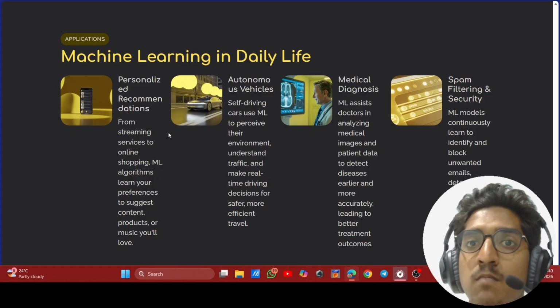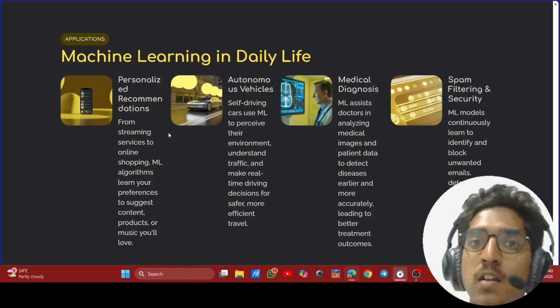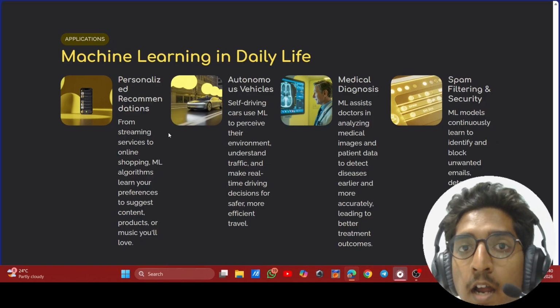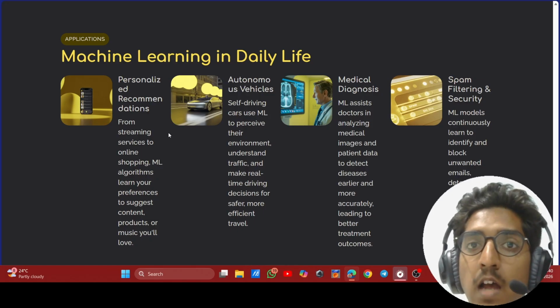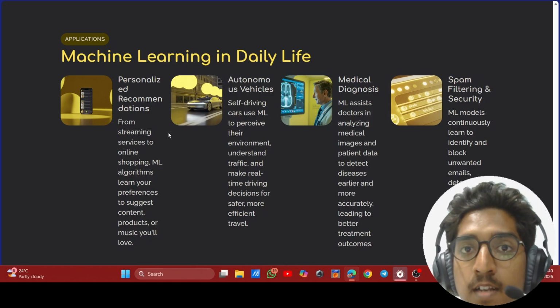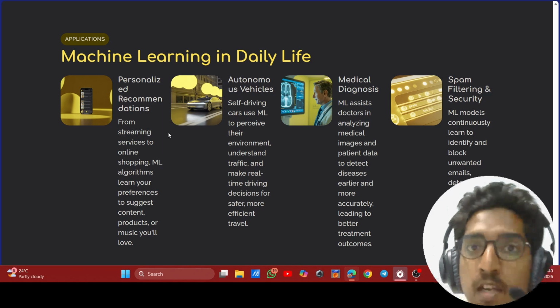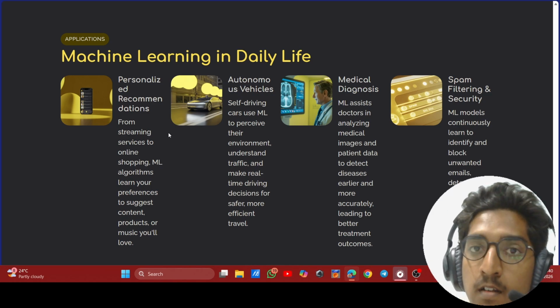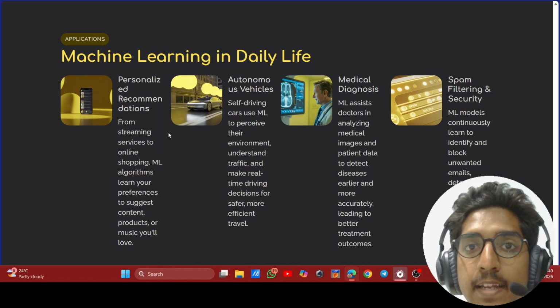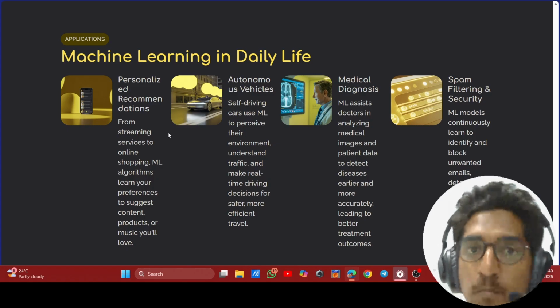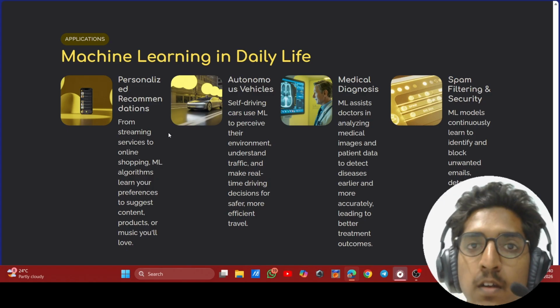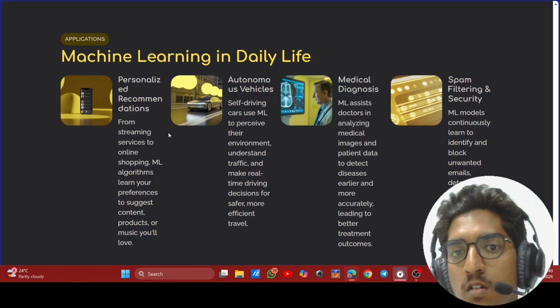Basically, the machine learning model is fitted into the car so that the car can understand the pedestrians and any objects in front of the car. Okay, it knows when to take left and when to take right and when to stop. So this is all done by the machine learning model.